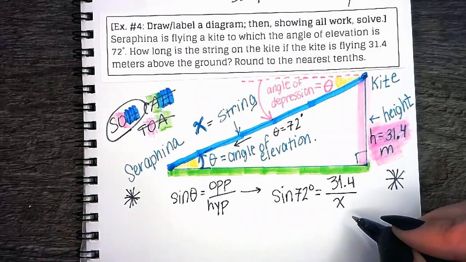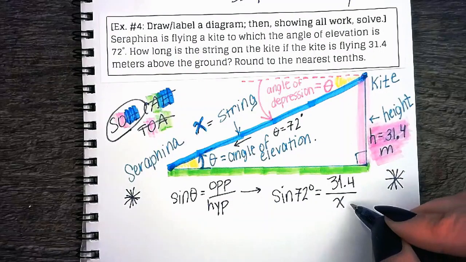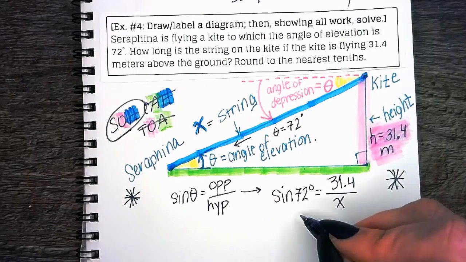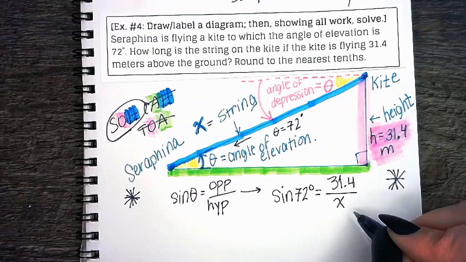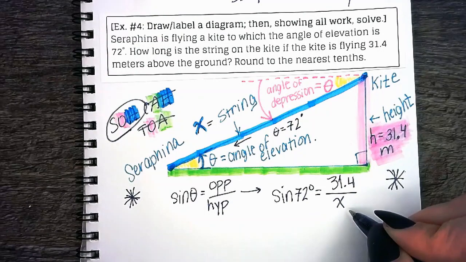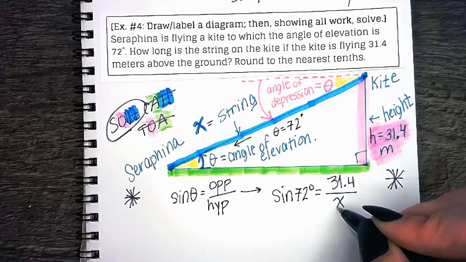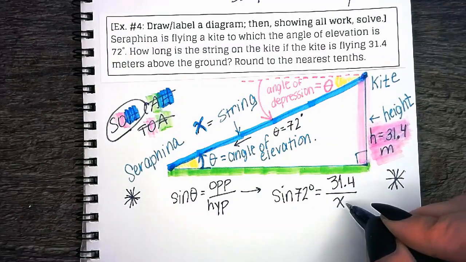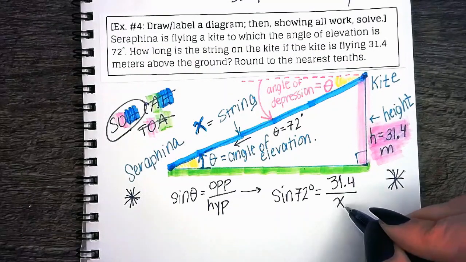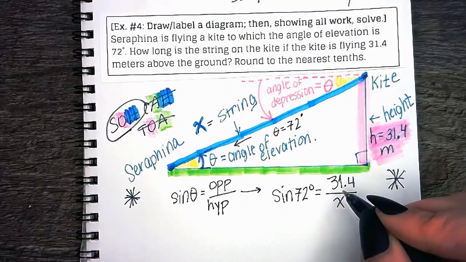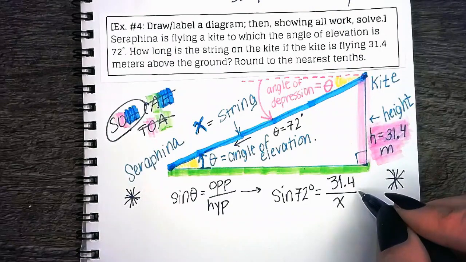I want you to repeat that. If you just divide by 31.4, you will not have the answer. You will have actually the reciprocal of the answer. The reason that this happens is x is in the denominator. You will not have x alone. You will have 1 over x. You can't magically pop x up the other way.